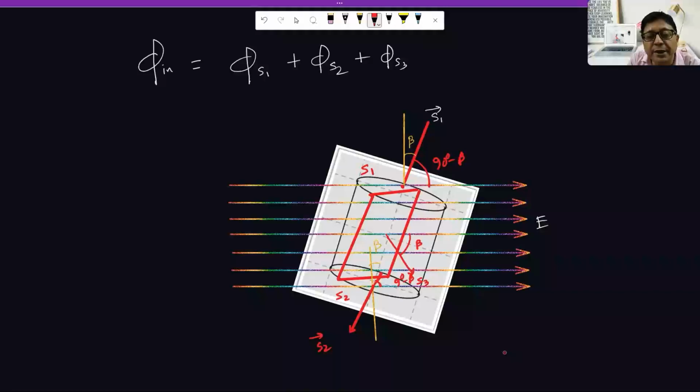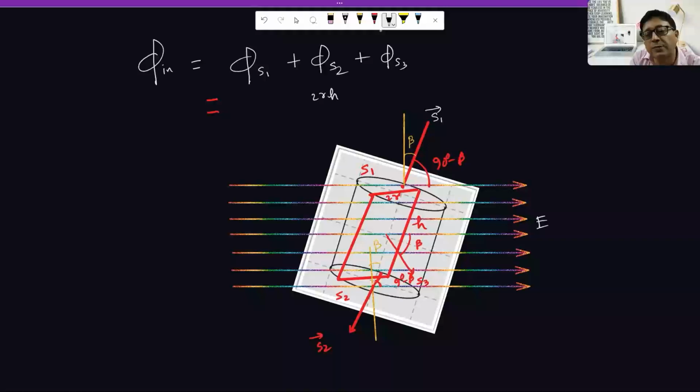This area I already told you, if height is h and diameter is 2r, so phi s2 is going to be what? This phi s2 will be area 2r into h, and angle between s3 and E vector is beta.